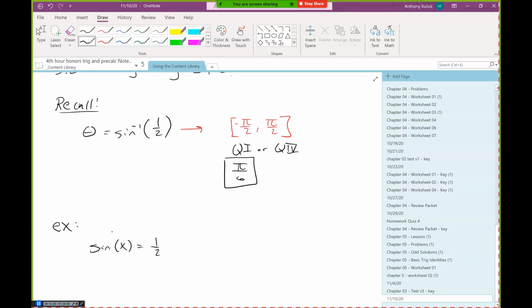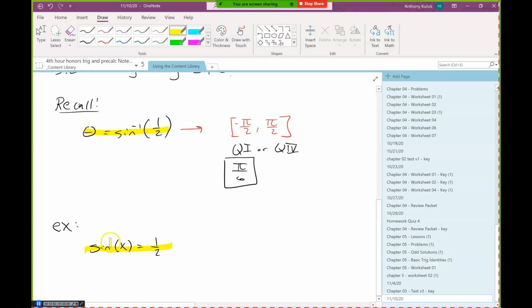What's the difference between these two? Right, they're equivalent statements, but one is in inverse and one's not in inverse. Remember, though, when we constructed this inverse, one of the things that we had to do was restrict the domain on the parent function, or the original function, in order to make sure that our inverse wouldn't fail a vertical line test.